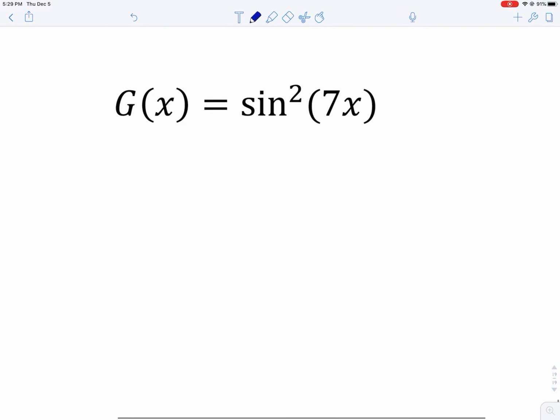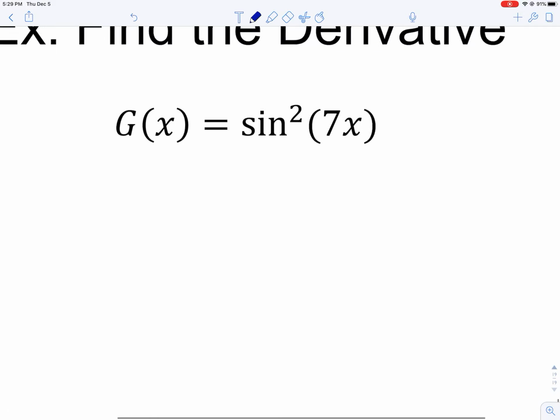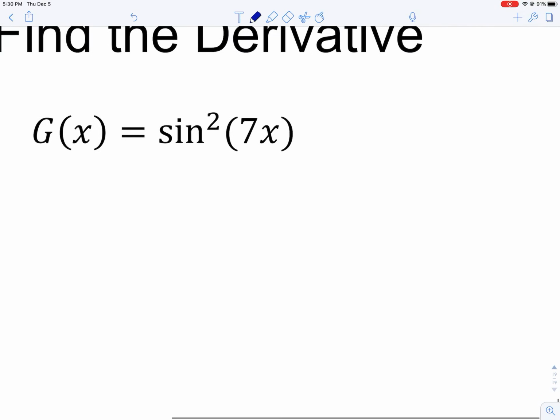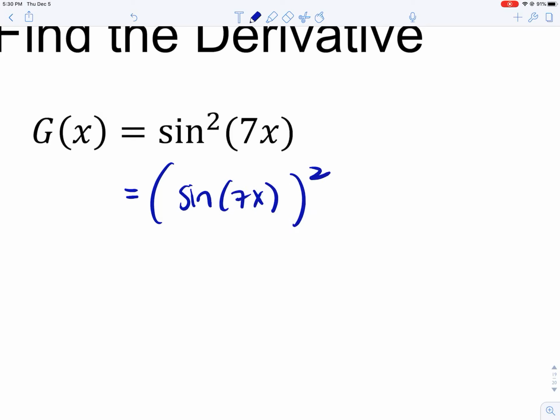And then we have this last one. So now this is like a function inside a function inside a function. Okay, so let's rewrite this as sine of 7x squared.